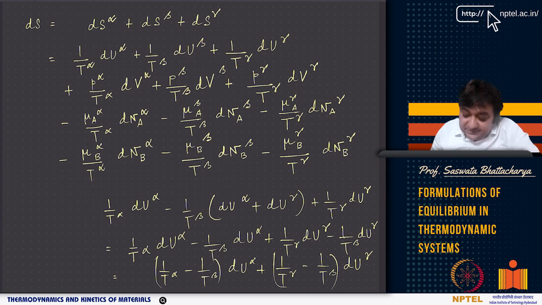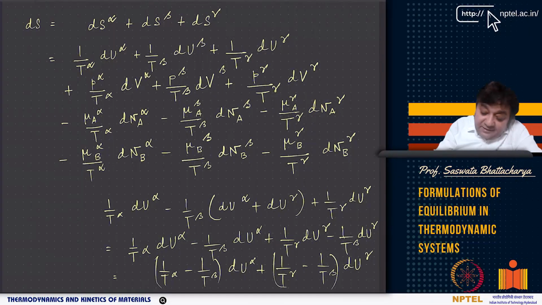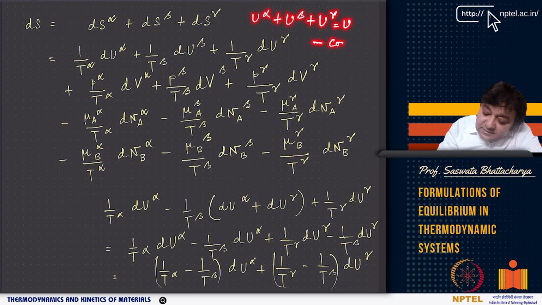Now once you have done this, you make use of this relation, that U alpha plus U beta plus U gamma, which is U, is constant.